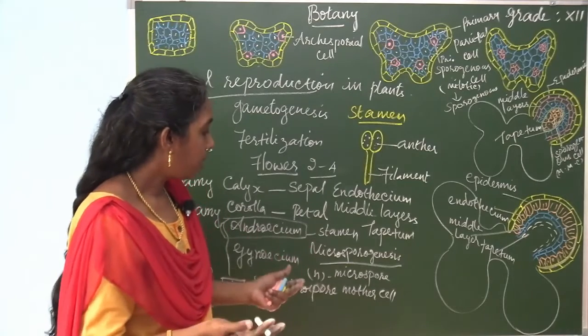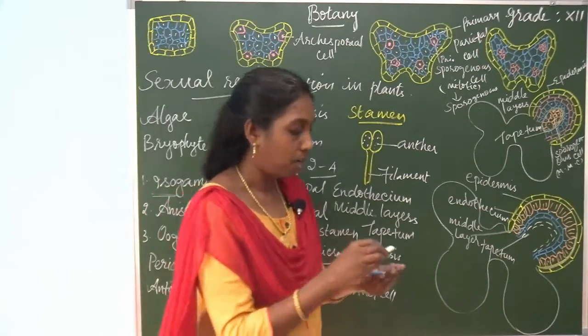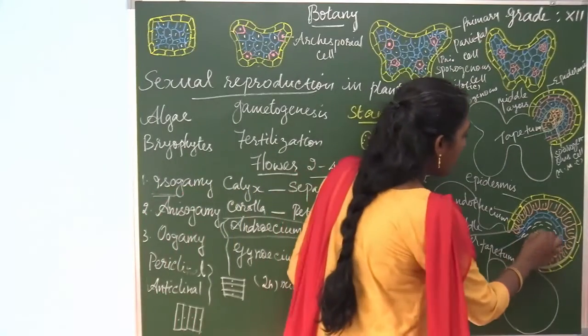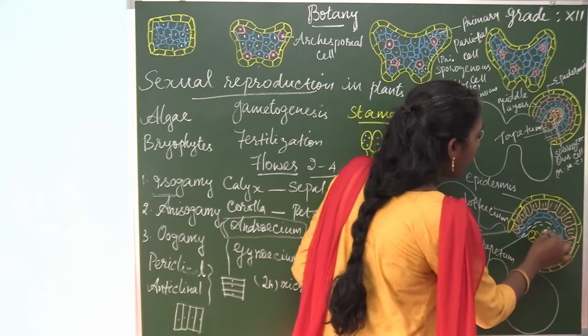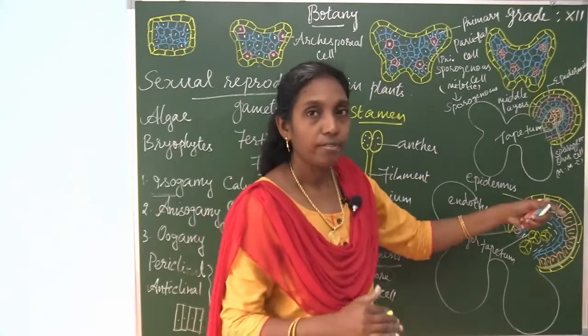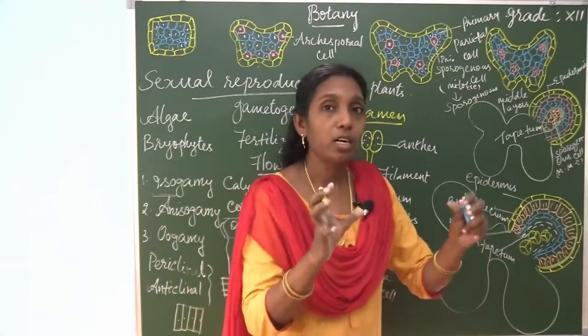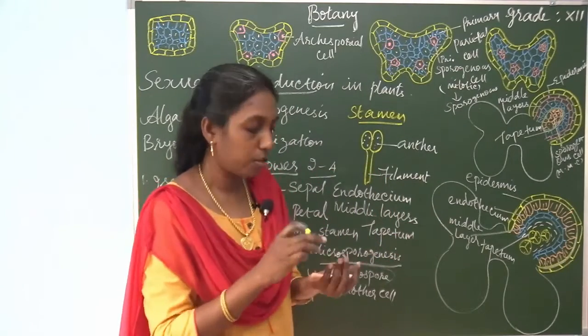When it undergoes meiotic division, it becomes a microspore tetrad. 4 haploid microspores are formed. So in the first stage, microspore tetrads are formed. Here, there are 4 different haploid microspores.